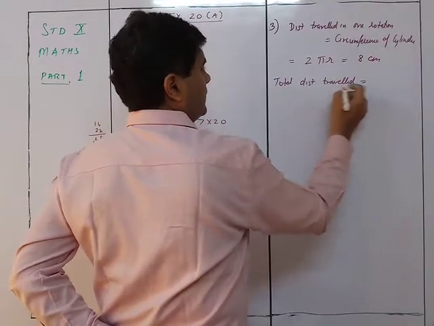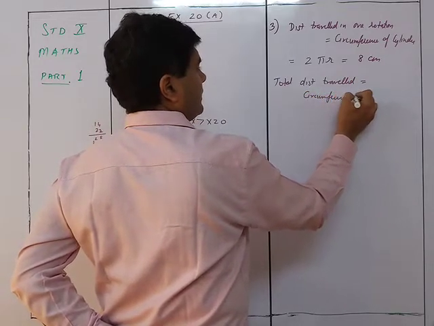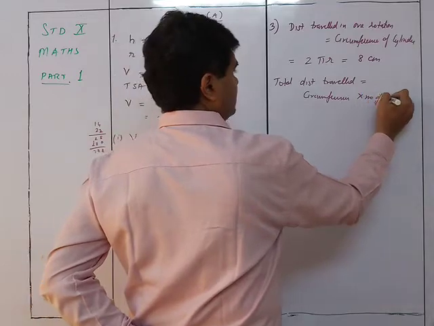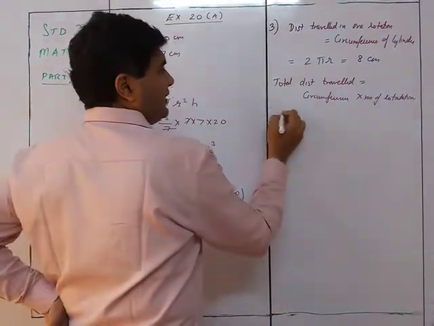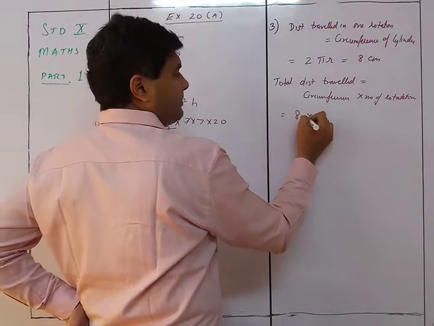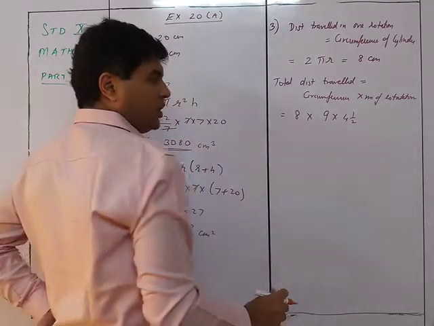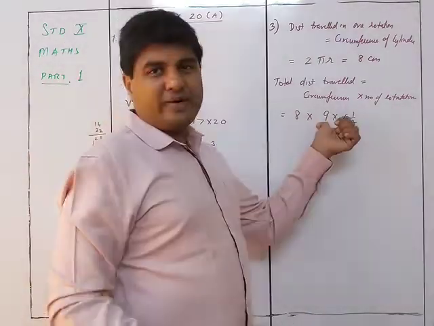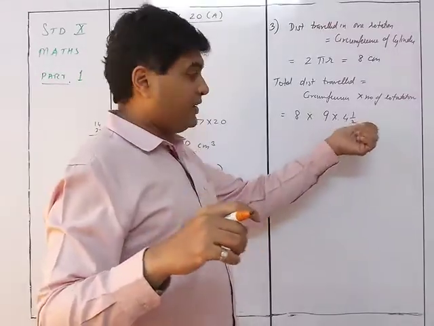is equal to the circumference into the number of rotations. We know the circumference is 8, and the number of rotations is 9 into 4 1 upon 2, because it is making 9 rotations in 1 second. So how many rotations in 4.5 seconds? 9 into 9 upon 2.